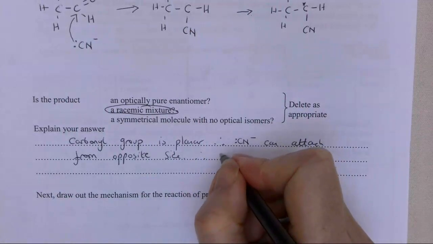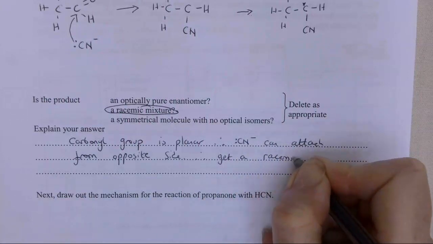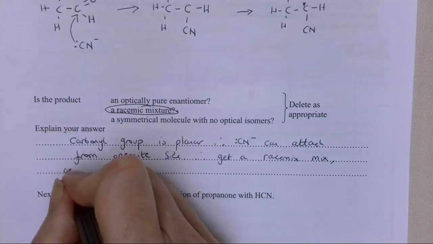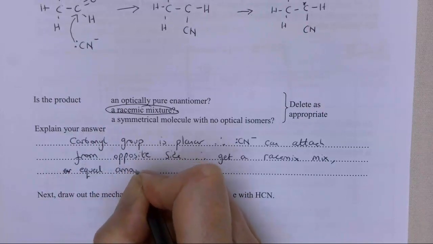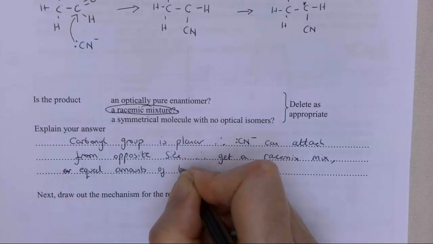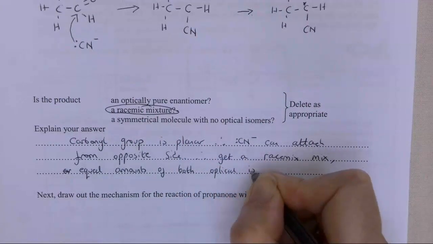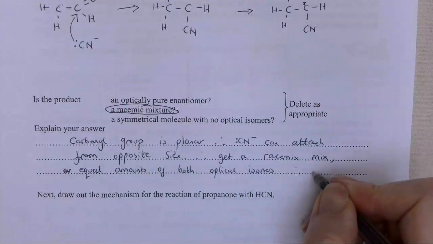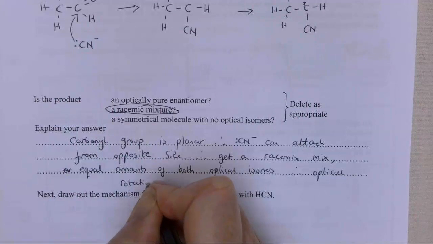Therefore, you get a racemic mix and basically equal amounts of both optical isomers, in other words both enantiomers, so therefore optical rotation cancels out.